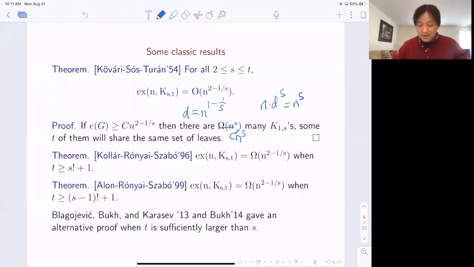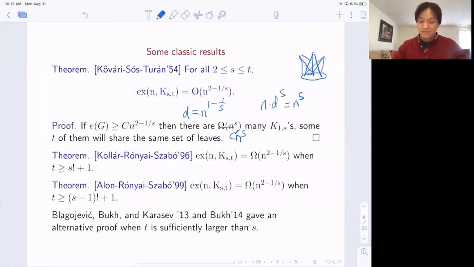Then if you think about this many K_{1,s}'s, there are only n choose s ways to choose an s-set as a leaf set. So by the pigeonhole principle, you can get many of them sharing the same leaf set. So you have lots of K_{1,s}'s sharing the same leaf set.